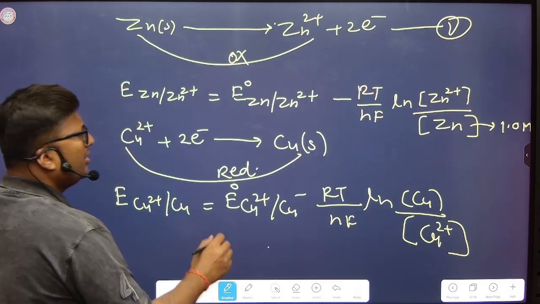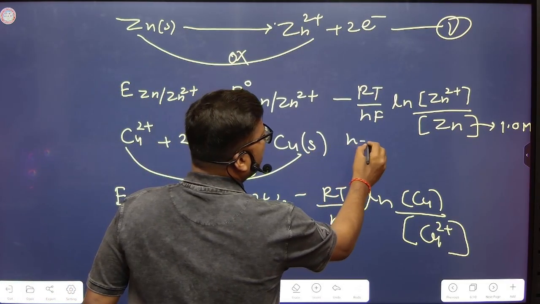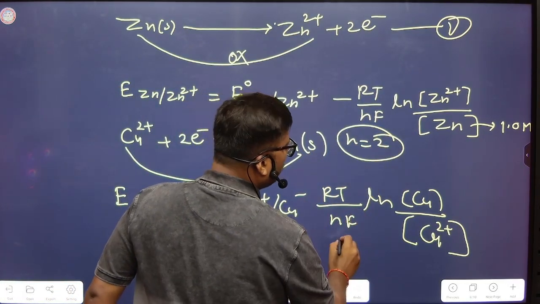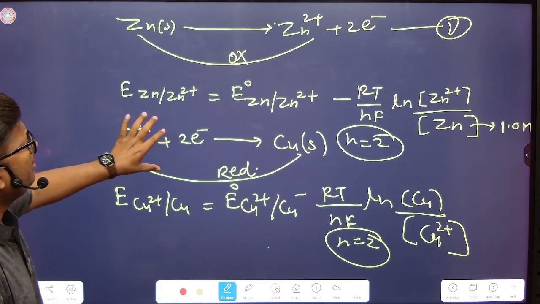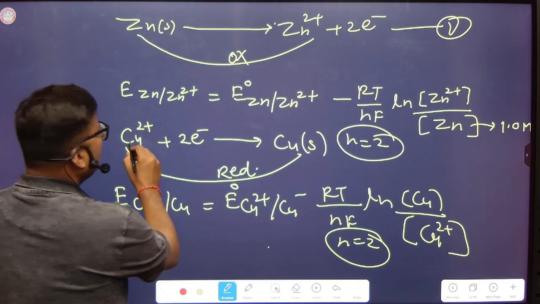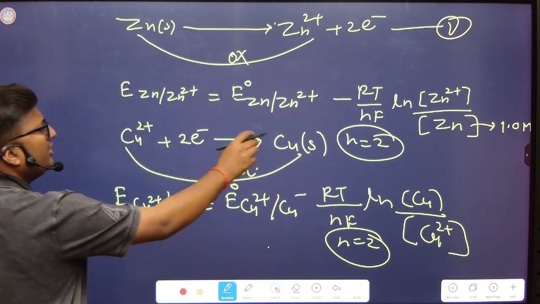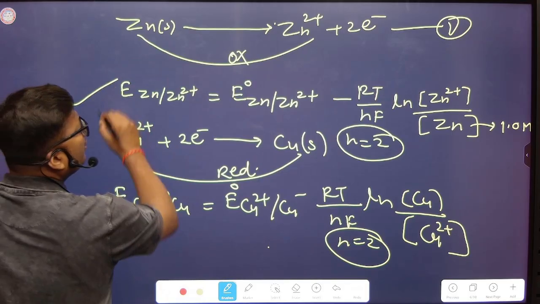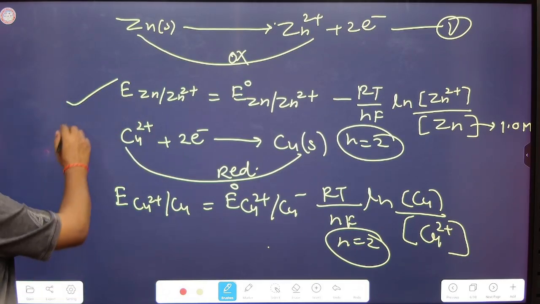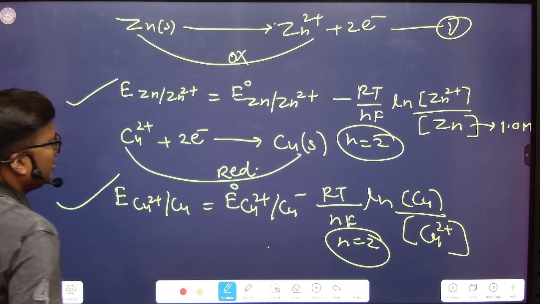Here n will be 2 for both reactions, because 2 electrons are involved between these two entities, right? So this is the oxidation potential and this is the reduction potential.